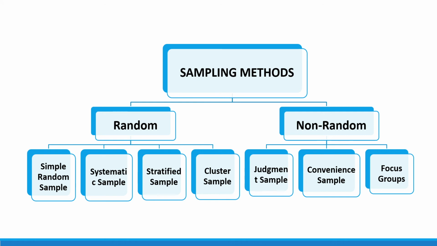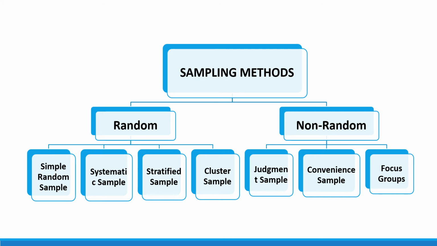If the sampling method is random, it means that we don't have any specific intention to choose certain items of the population. Random sampling methods include simple random sample, systematic sample, stratified sample, and cluster sample.